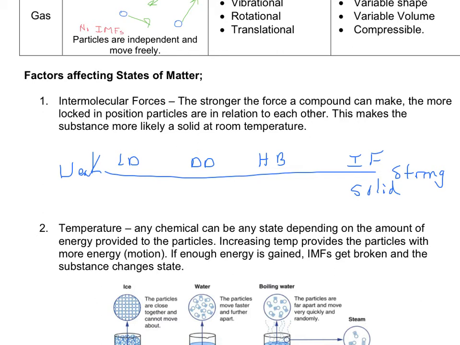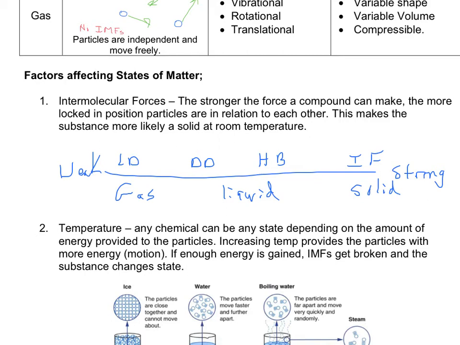Compounds that have medium strength forces like dipole-dipole or hydrogen bonding will be liquids at room temperature. An example would be water, H2O. And then substances that have very weak forces can't keep their particles held together at all, making them gases at room temperature, such as nonpolar carbon dioxide.